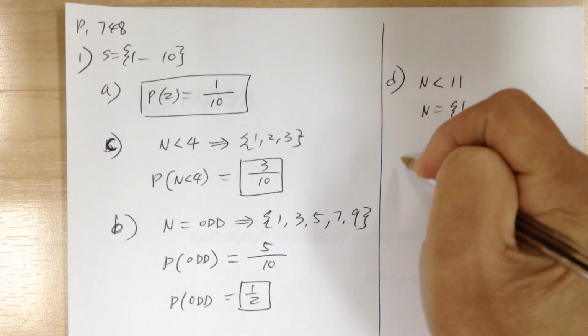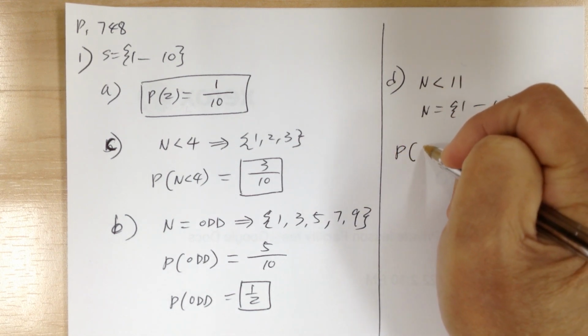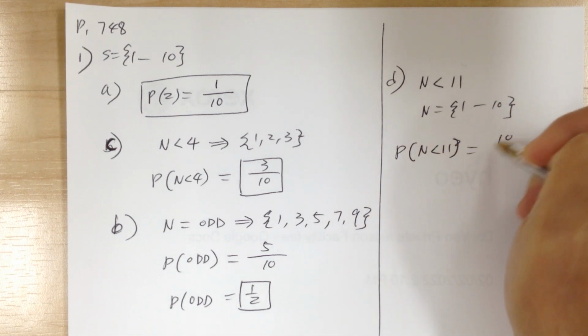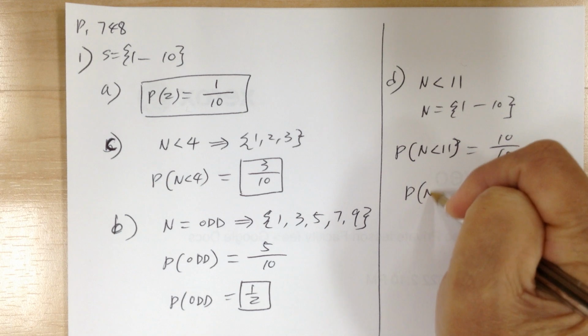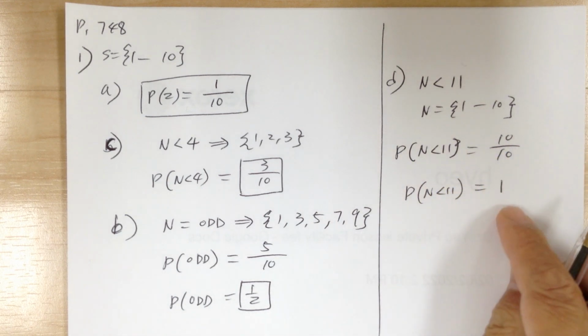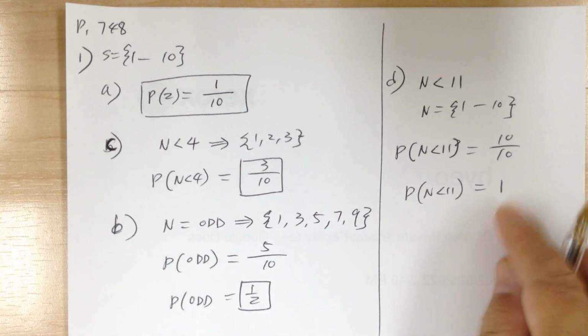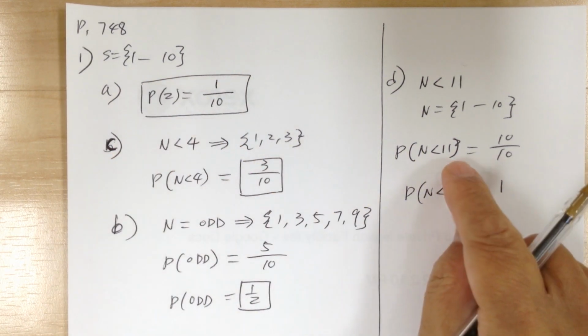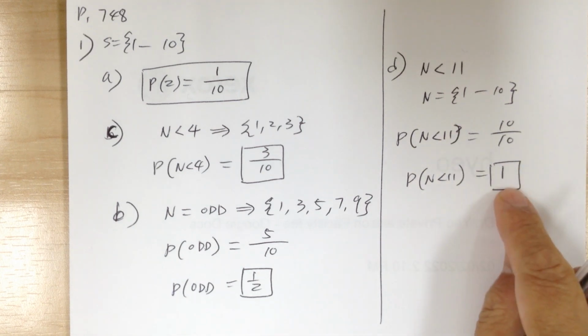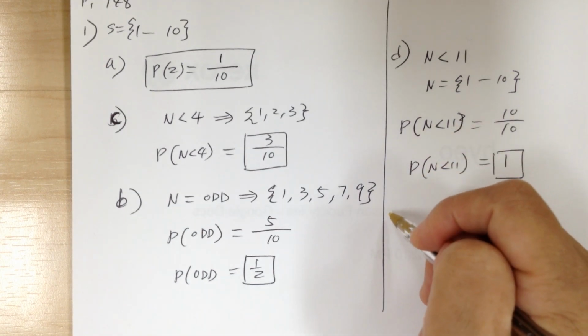So all numbers are good. So the probability of a number less than 11 is equal to 10 out of 10. So the probability is 1. 1 means guarantee. So again, when you draw the number, it's guaranteed to be less than 11.